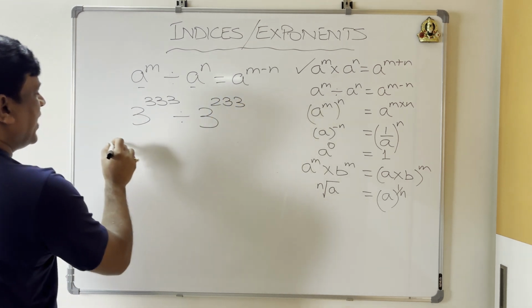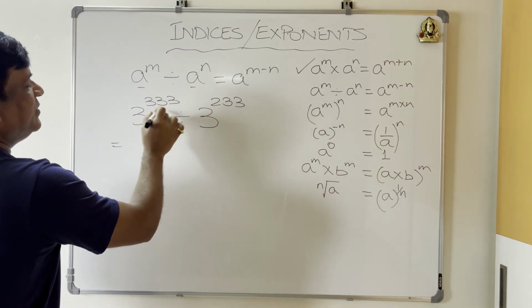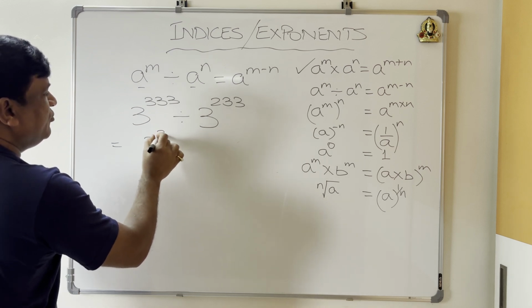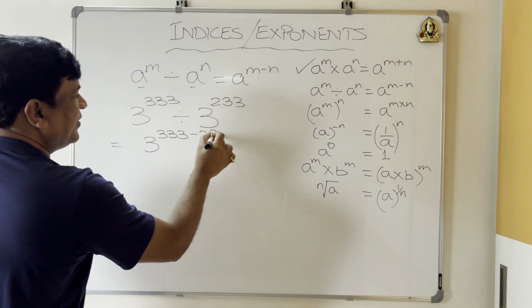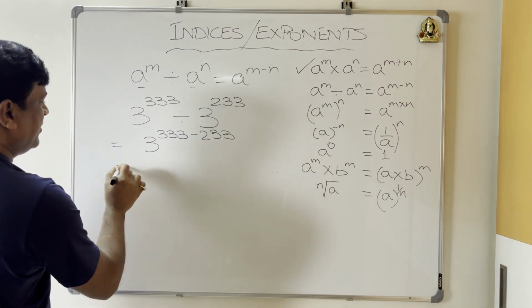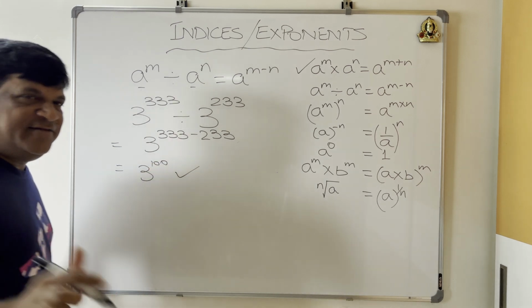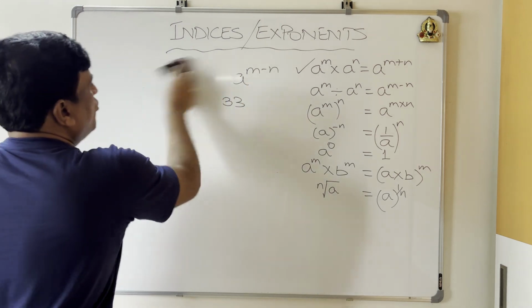You're not going to repeat 333 times. You simply use the formula: subtract the exponents and you get 3 to the power 100. That's your answer. Make sense? Clear till now? Okay, let's move on to the next one.